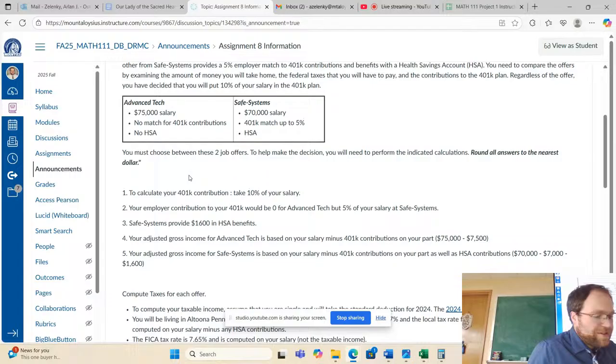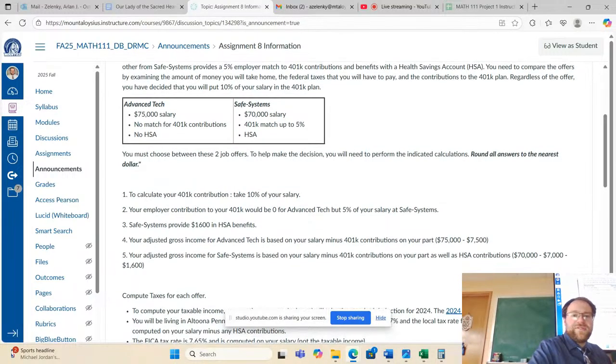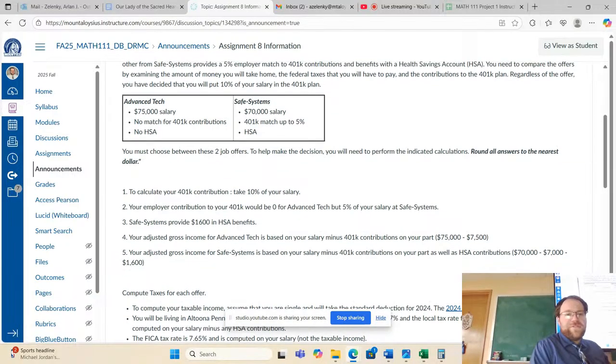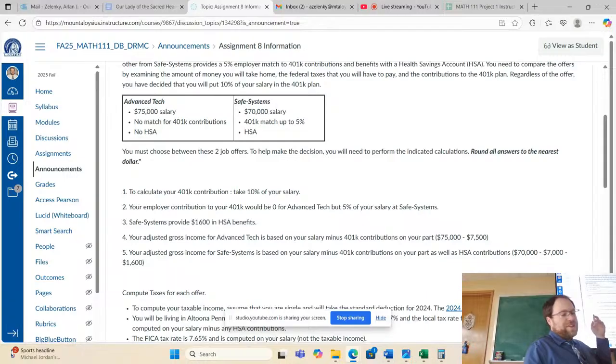So to figure out the 401k contribution, we could take 10% of your salary, because regardless of what you choose to do, you're going to put 10% in. That's the last line in the directions there. So with Advanced Tech, 10% of 75,000 would be 7,500.